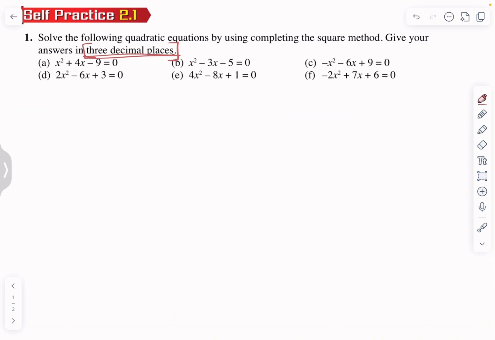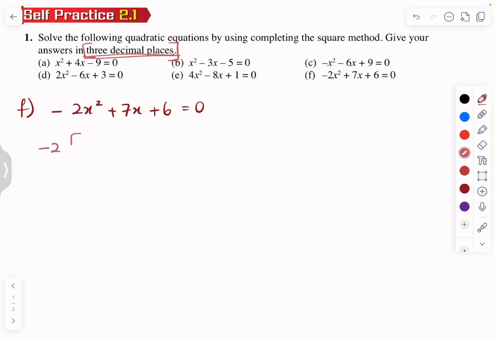Okay. Last question, F. Negative 2x squared plus 7x plus 6 is 0. So here also same thing, a is not 1. So what we have to do is we have to factor out the negative 2.